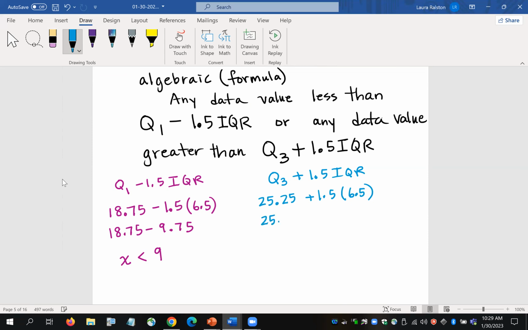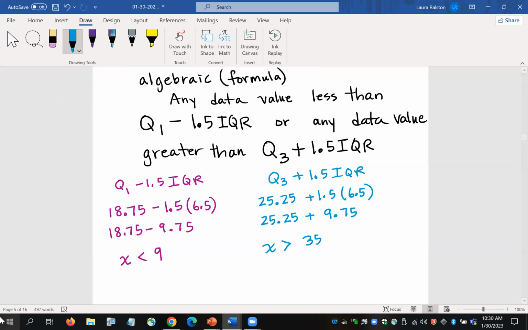Again, you have to do the multiplication first. 1.5 times 6.5 is 9.75. So 25.25 plus 9.75 gives me 35. So any data value greater than 35.